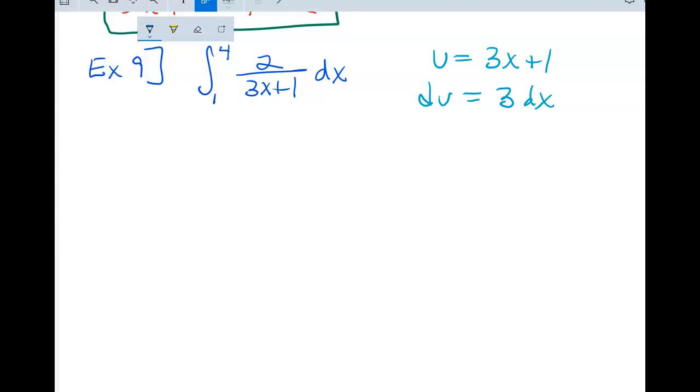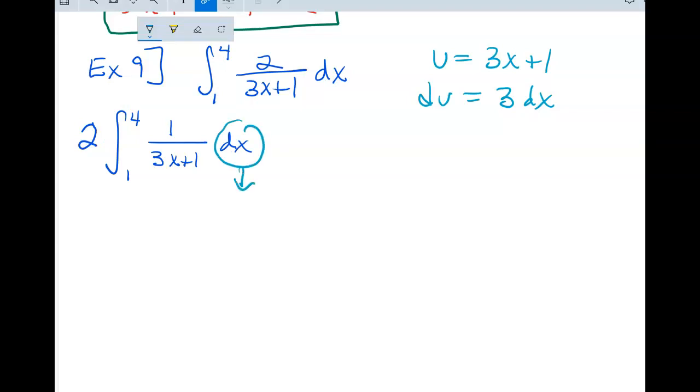So separating things out here, let's bring that 2 from the numerator as a constant multiple so we can bring it outside of the integrand. Integral from 1 to 4 of 1 over 3x plus 1 dx. So let's attack that dx first.